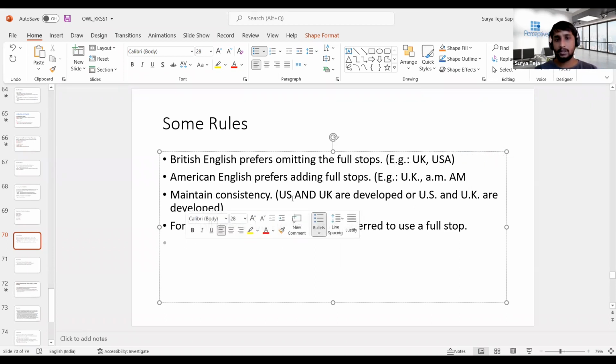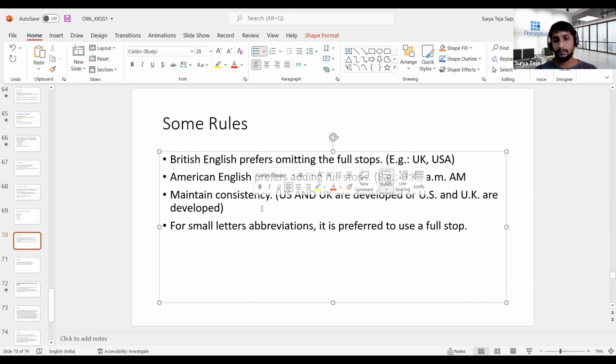Suppose you are writing UK or USA, the consistency has to be common. For example, if you say US and UK are friends, this becomes a perfect, proper usage of English rules.